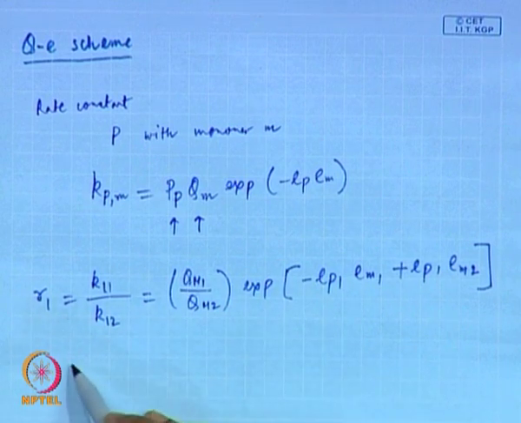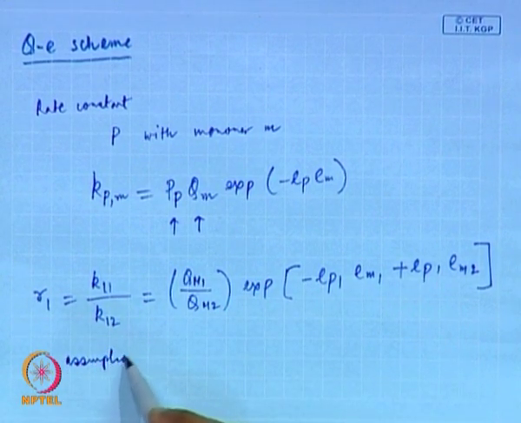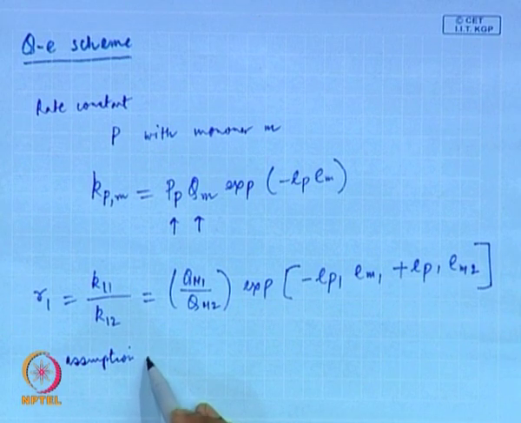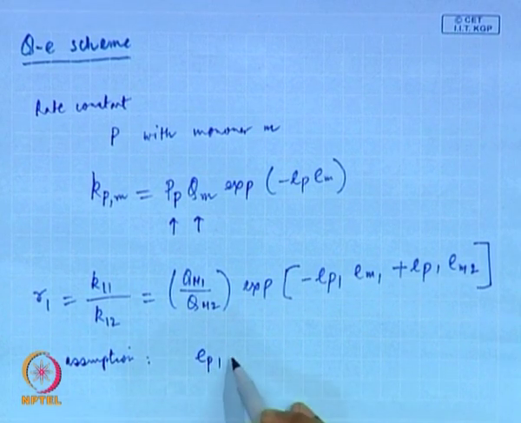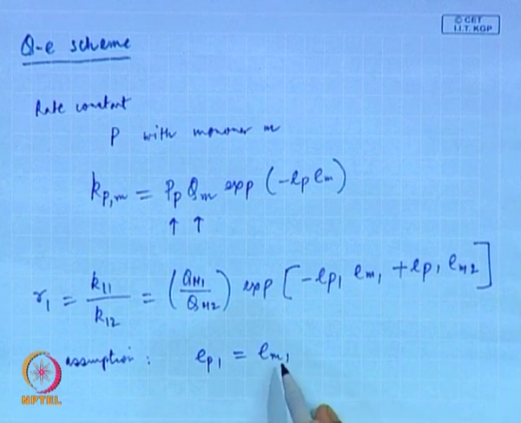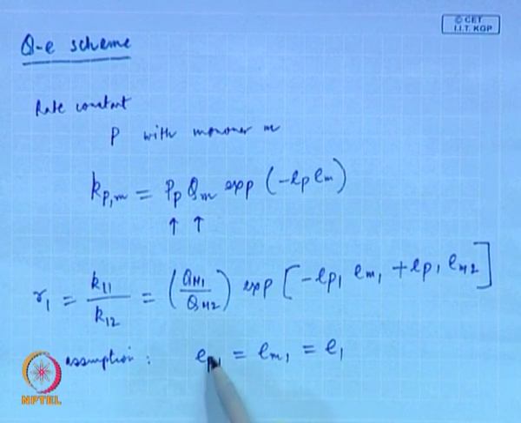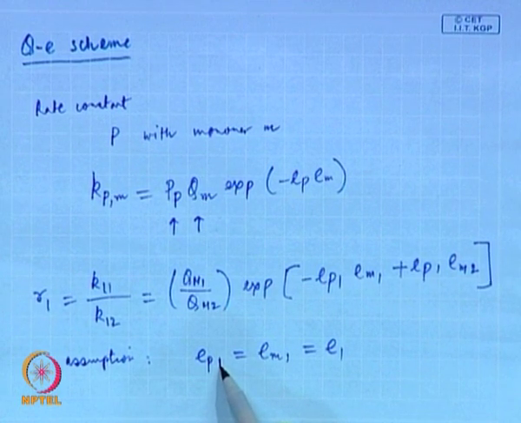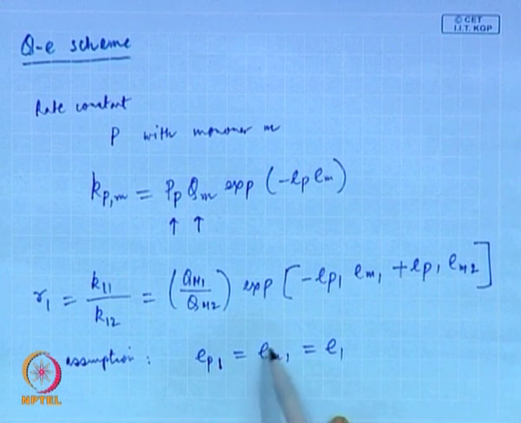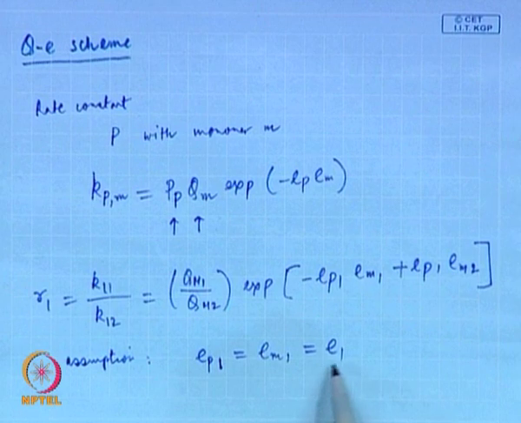Now, another assumption made in this approach is that E P1 is the same as E M1, and we will write this as E1. The assumption is that the electrostatic charge on the polymer radical, which has at the end a monomer 1 structure, and the electrostatic charge on the monomer are the same, which we are writing as E1.